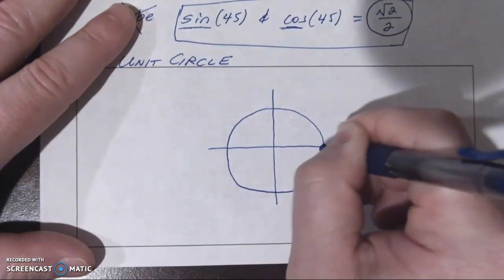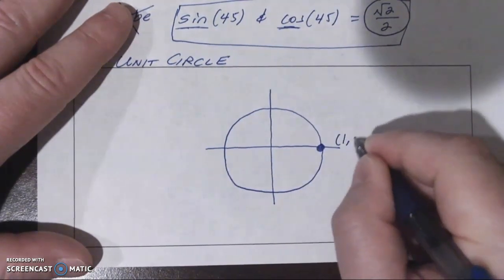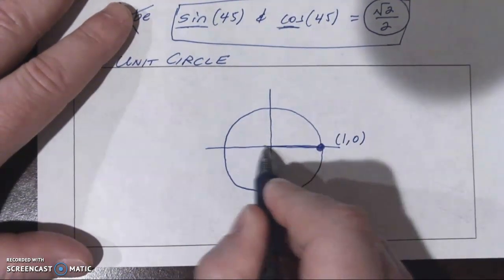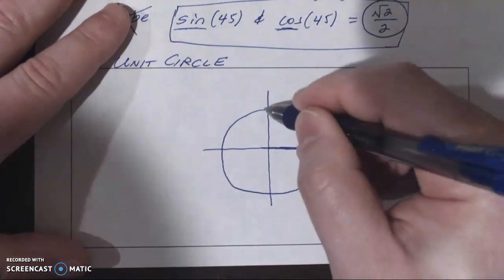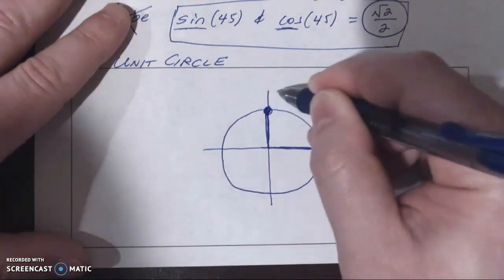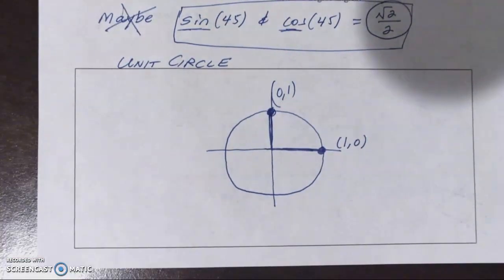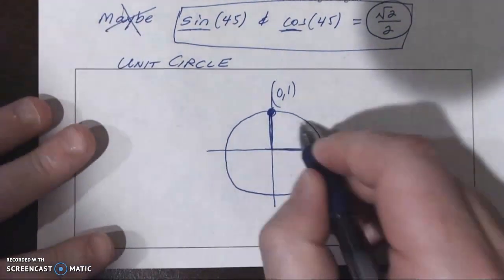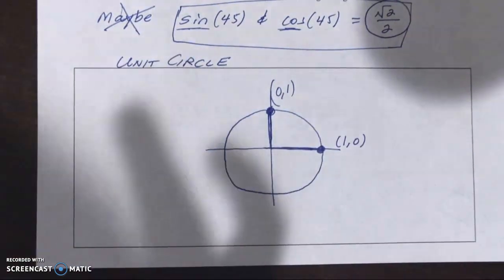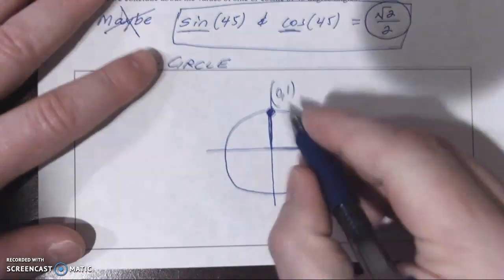So if the radius is 1, this point right here would be 1, 0, because it's a length of 1 from the origin. And this point here would be 0, 1. Okay? Now what we talk about with the unit circle is that there's all these degree measures on the inside, and there's 3 of them that we really want you to know.